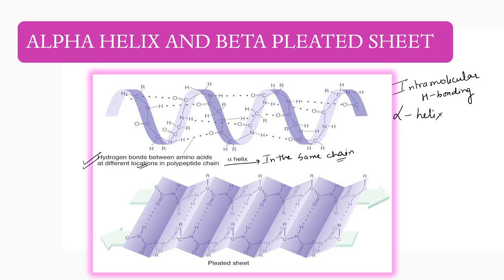The beta pleated sheet has intermolecular hydrogen bonding between two different zigzag chains. One zigzag chain is this, and the other zigzag chain is this. So they have hydrogen bonding in between.